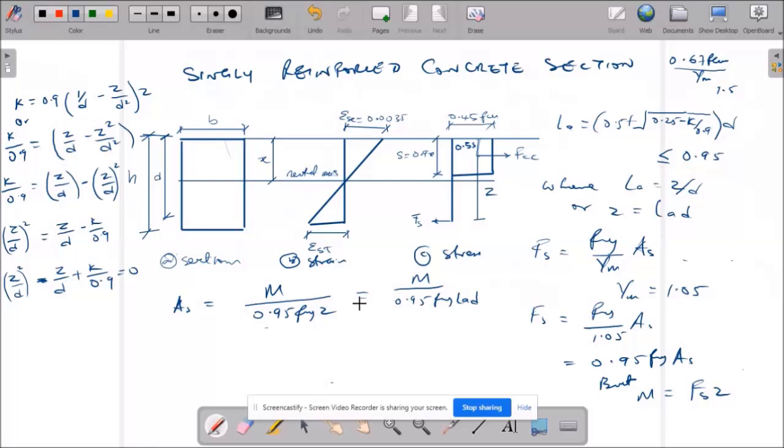This is the design formula for the calculation of the reinforcement of a single reinforced concrete section in bending. In addition, the maximum depth of the neutral axis allowed by the code is X equal to 0.5D.